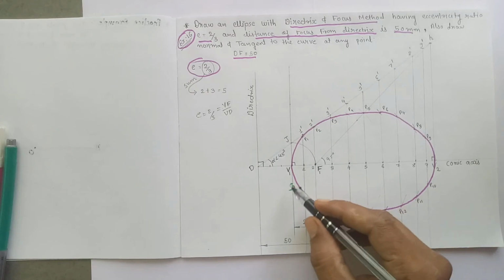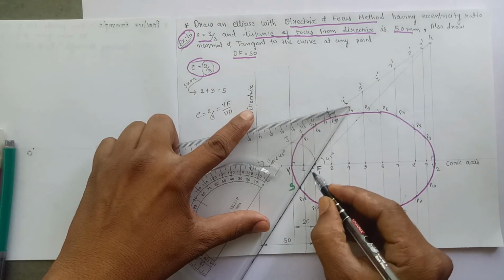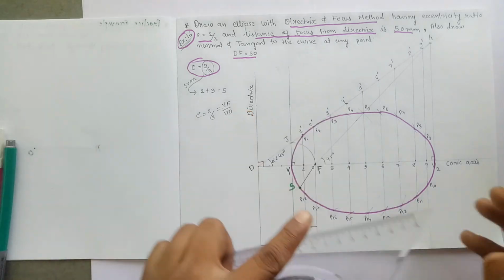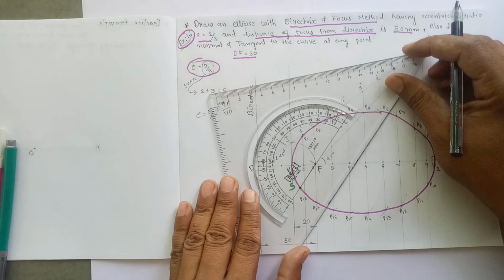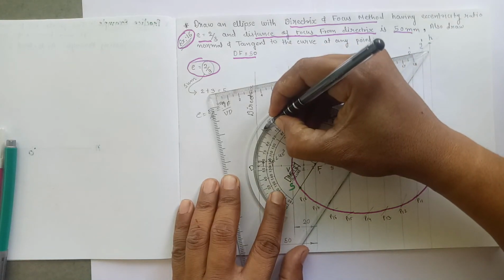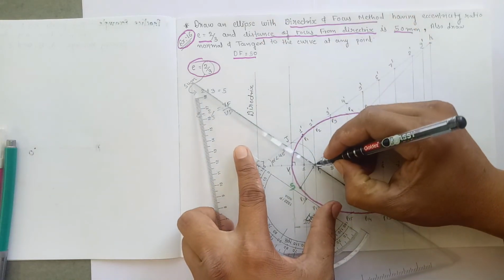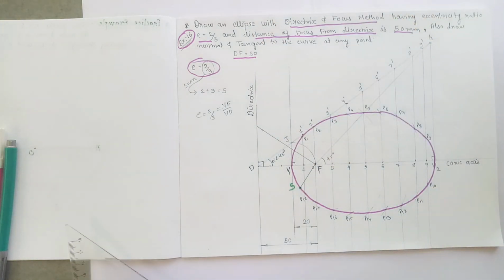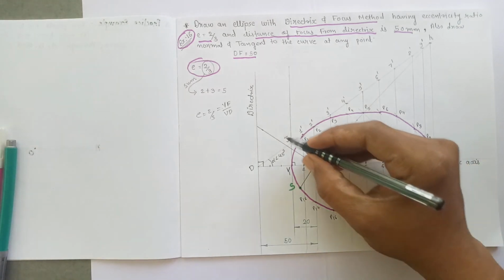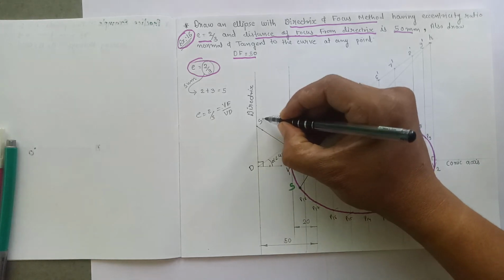So now after marking point S, join this point S to the focus point and draw a line perpendicular to this line SF from the focus point in the direction of the directrix. And mark the point of intersection of this line to directrix as S1.